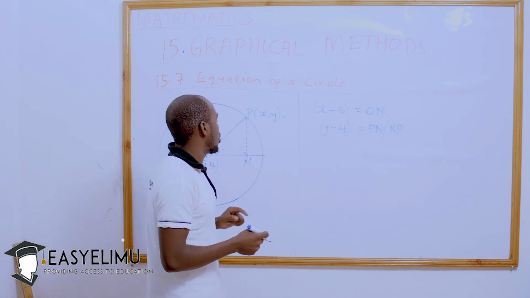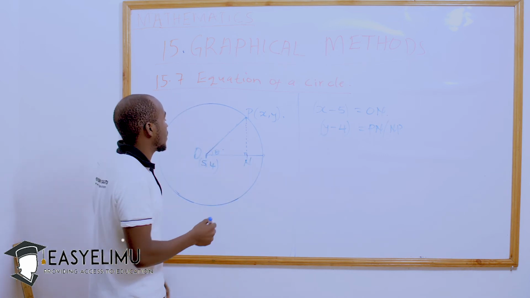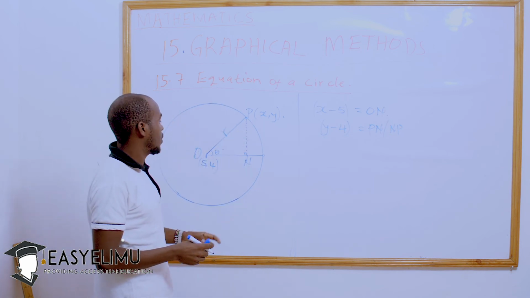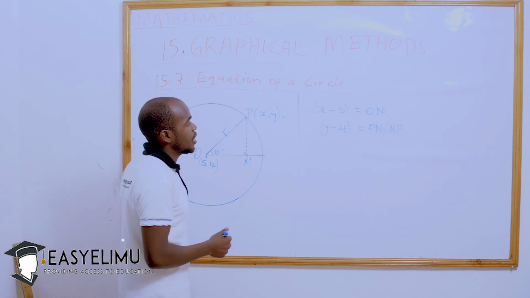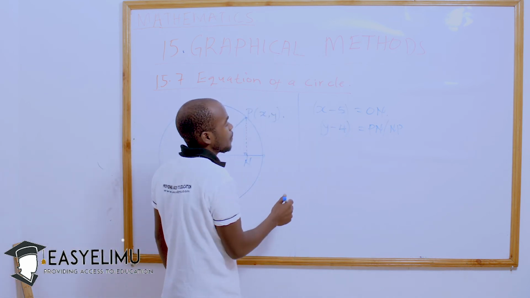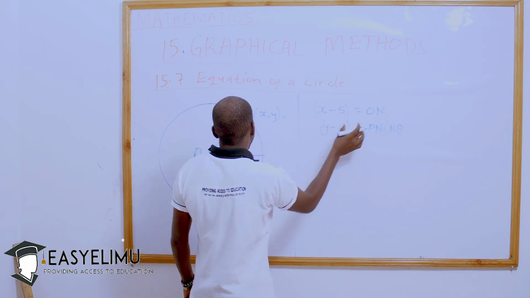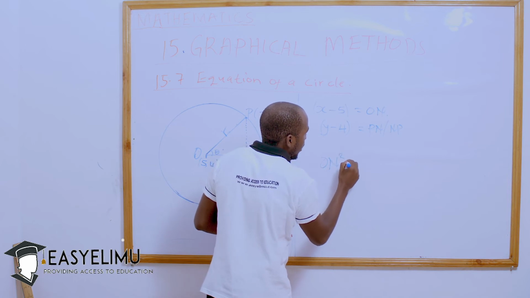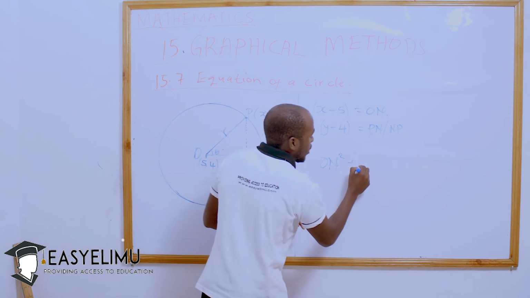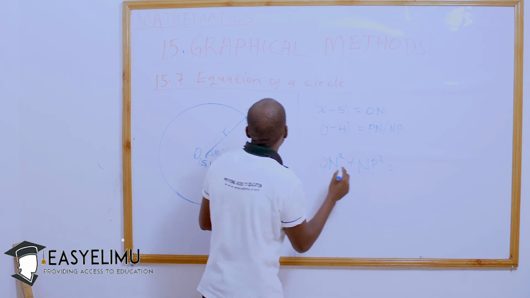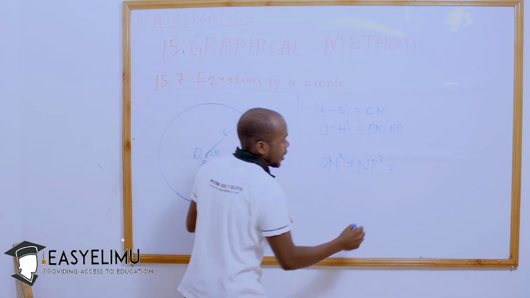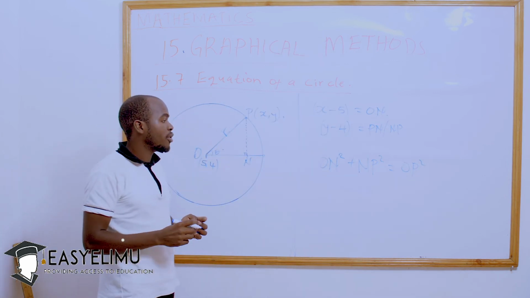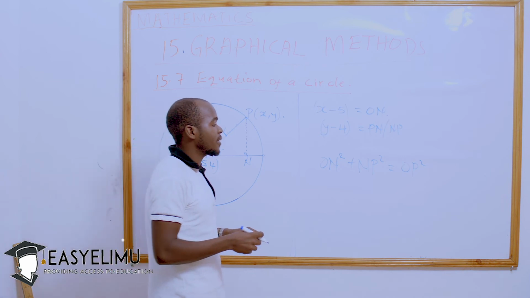So meaning we can still find the equation of the circle if we have the radius, with the radius being r units. In that case, we shall have ON squared plus NP squared, and this is going to give us OP squared, since triangle ONP is a right angle triangle, so we use the Pythagoras theorem.